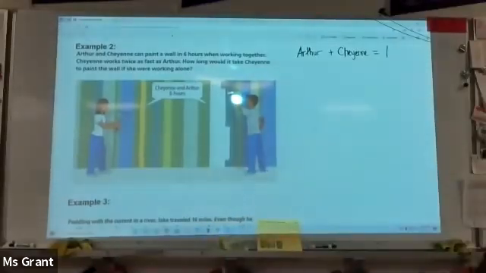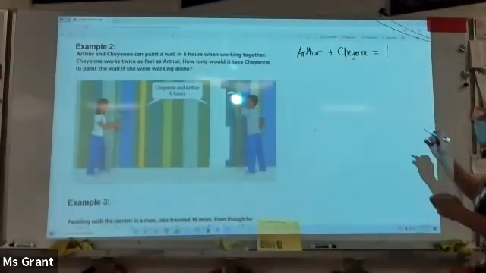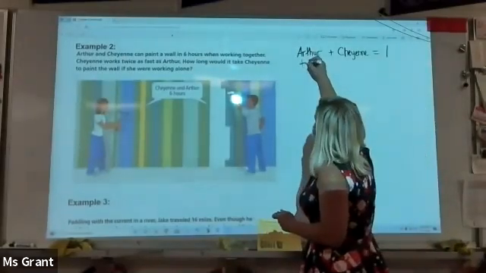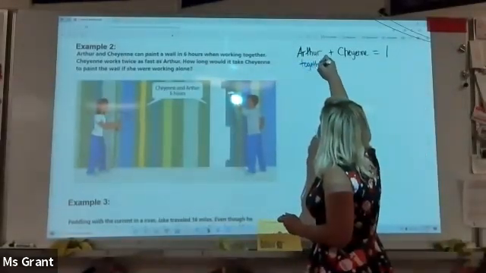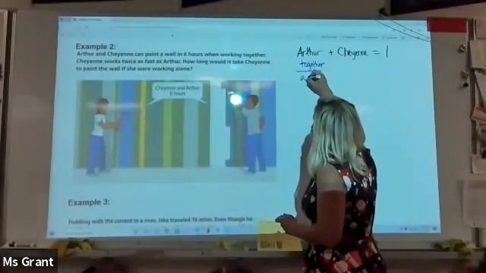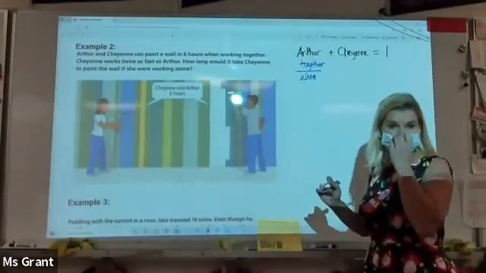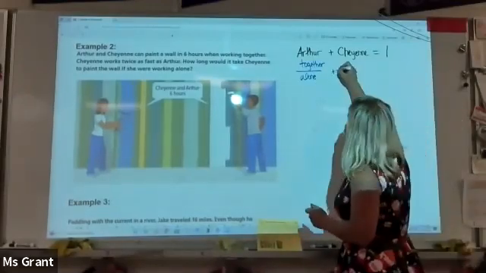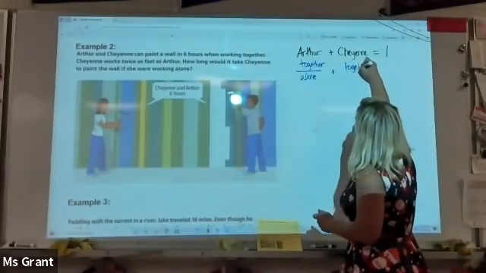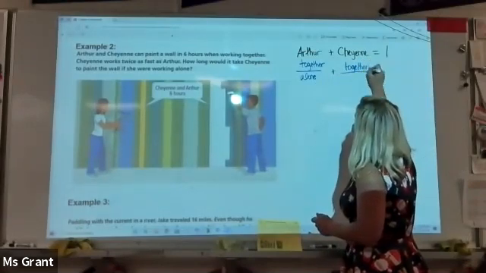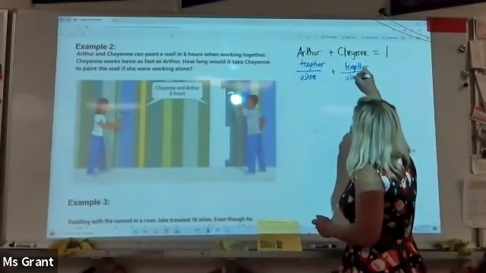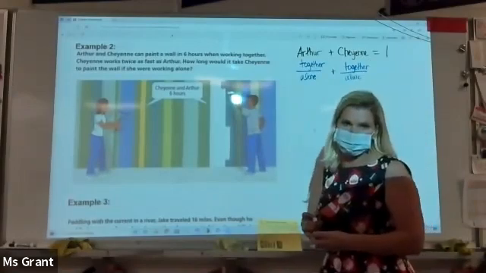How many hours it takes them to do the job together divided by how many hours it takes them to do the job alone. So for each person, I care about the hours together with the other person and then the hours all by themselves.